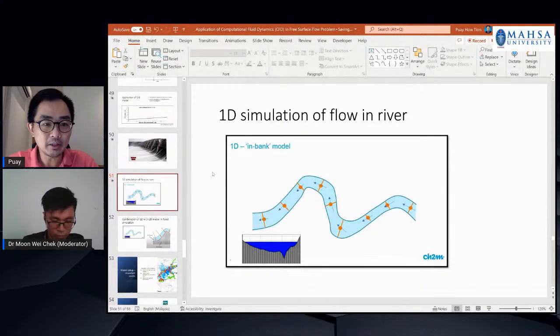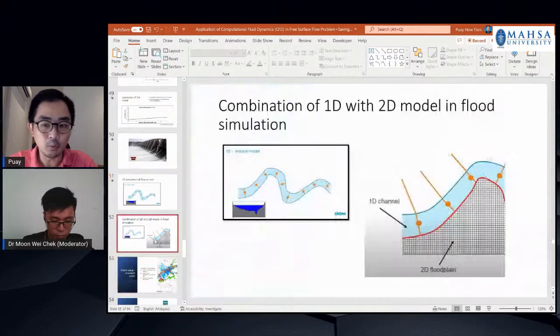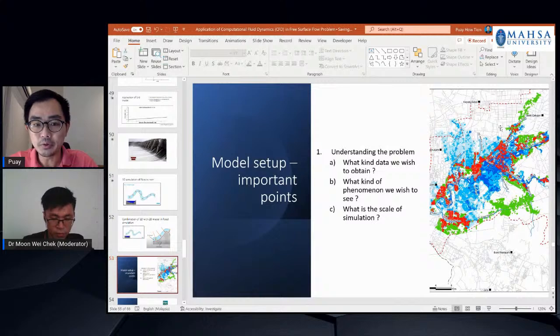And one important application of a 1D model is the simulation of flow in a river. The river is such a complicated system, but in a bigger picture, the flow in the river can be represented by a 1D model here, and the result from the 1D model can be fed into a 2D model, which is used to simulate the spreading of flood at the floodplain here, and then we can produce something like a hazard map.